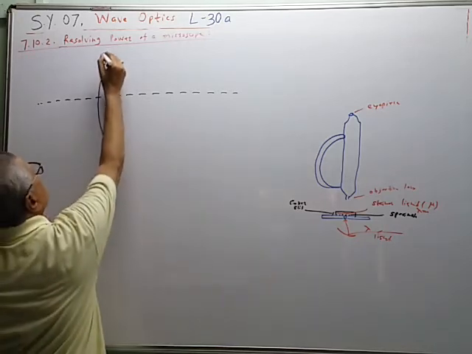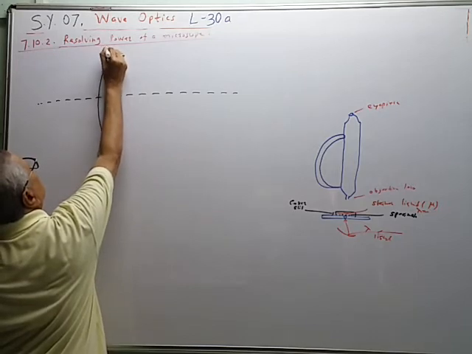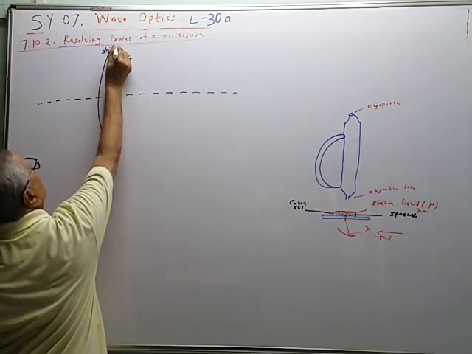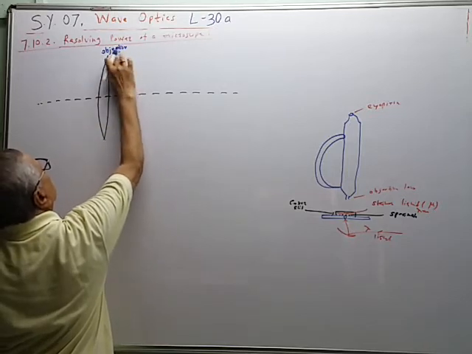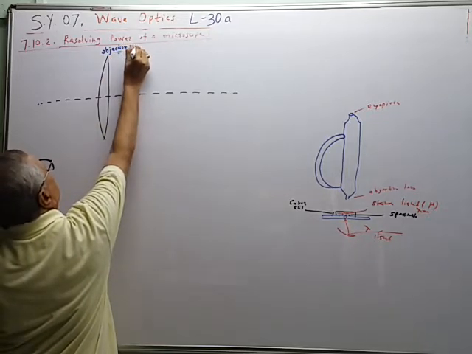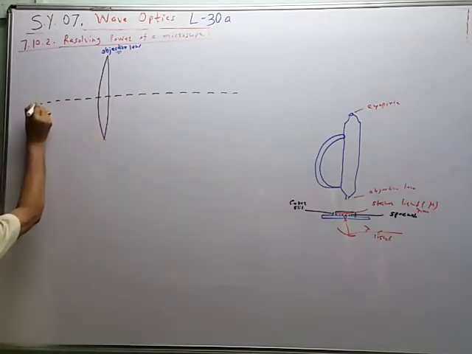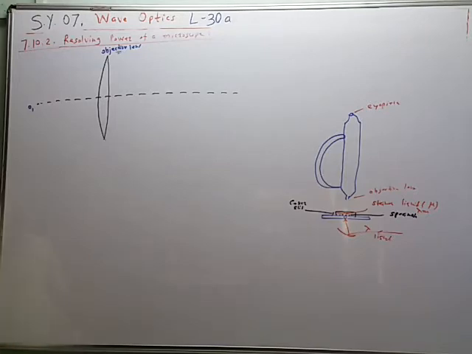This is the objective lens. So one object O1 is kept here. So its image is formed like this.